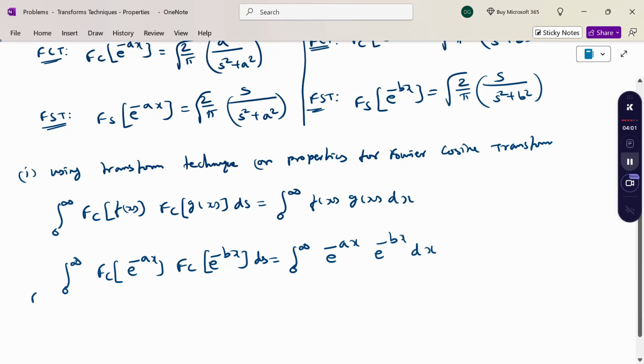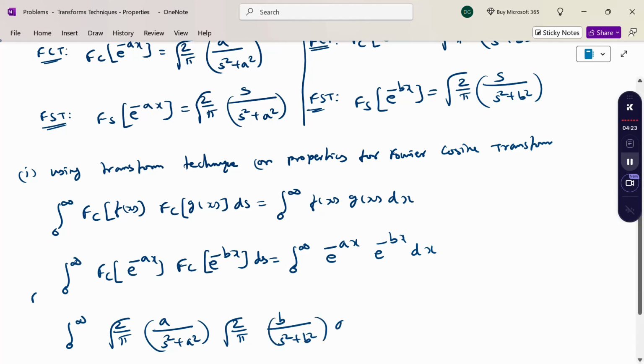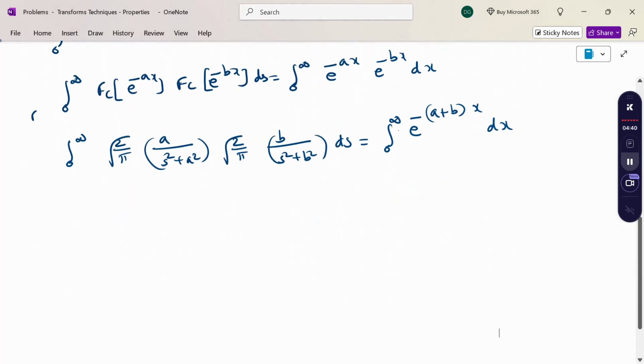Now we already know the Fourier cosine transforms for f of x and g of x, so substitute: square root of 2 by pi into a by (s square plus a square) into square root of 2 by pi into b by (s square plus b square) ds equals integral from 0 to infinity. Then the powers should add, taking the minus sign common, so (a plus b) into x dx, because x is the variable. And then root 2 by pi is constant, so I will take 2 by pi, and a b is constant.